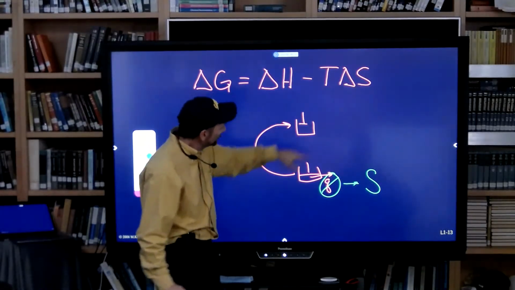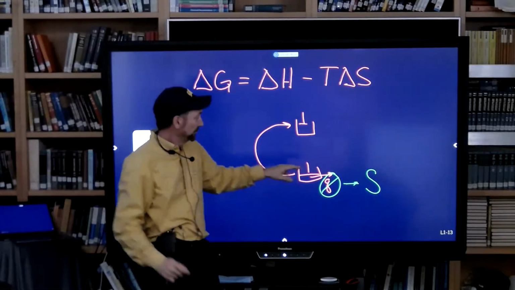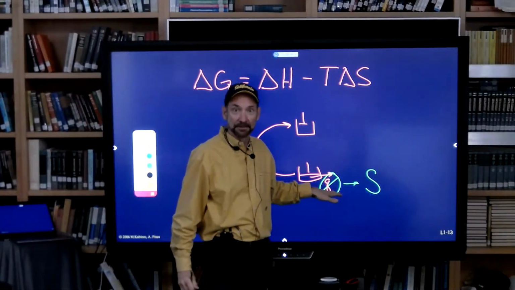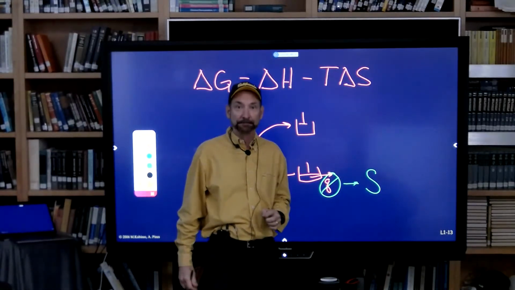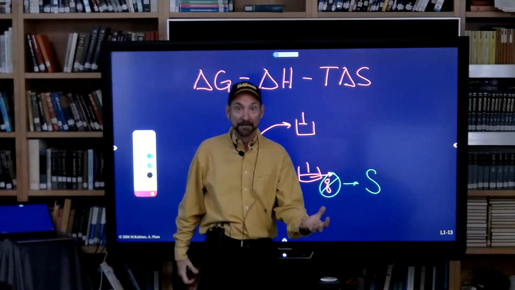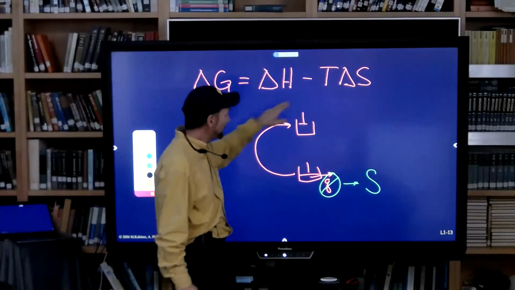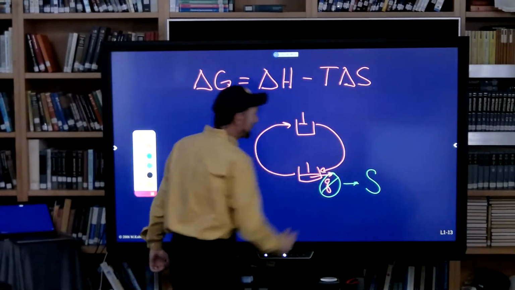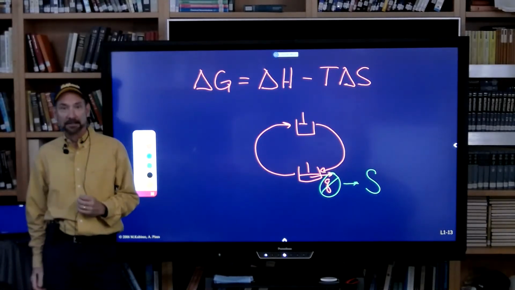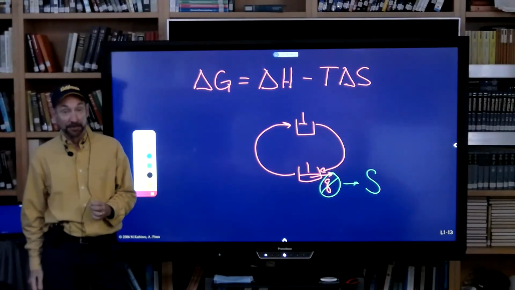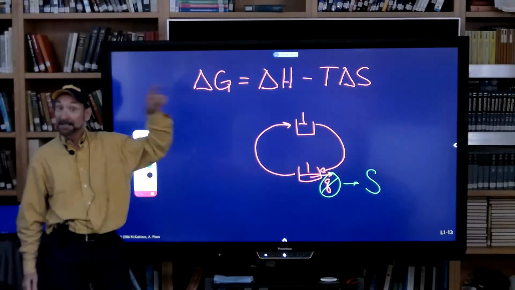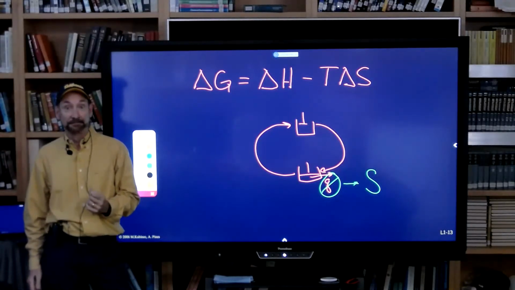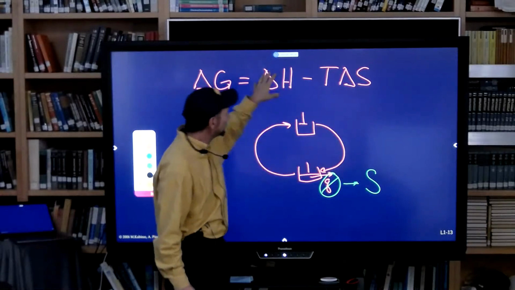So every time you do this cycle, even if it's perfect, no friction, no nothing, absolutely ideal, you always lose some amount of energy. And that's what you can't reclaim. And this process, that's why even in this cyclical process, you can have entropy in the real world of the universe increasing. You come back to the same place, but it doesn't matter. The universe entropy increased. And so that's why you lose this energy.